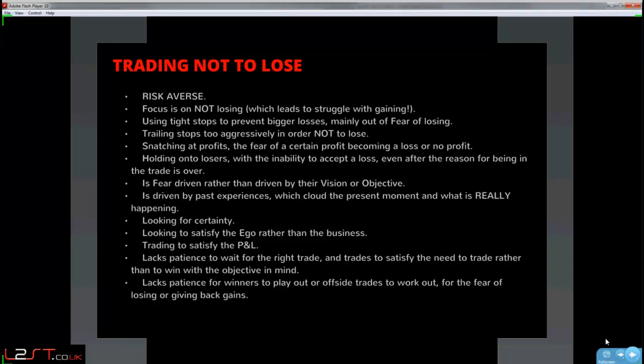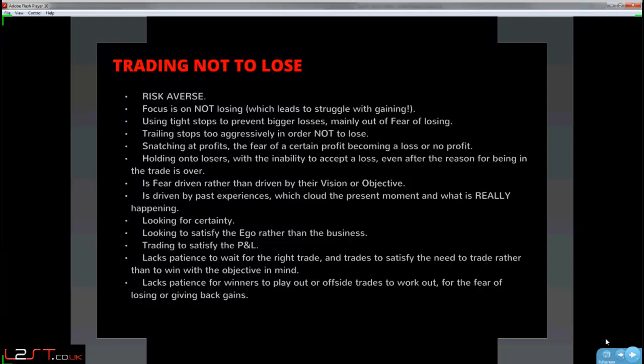I can take 4 to 6 ticks here, fine, okay, but it's not my plan. It's not my objective. So, when you end up taking trades purely because it's just a quick buck here and there, you do that to satisfy the need to trade rather than to win with your main objective in mind, your business plan objective, your trading plan objective in mind.